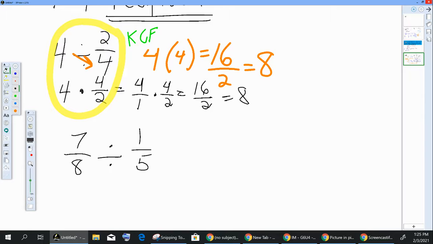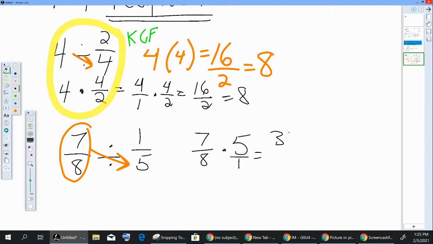And then I could say that's the same thing as 7/8 times 5, because remember that was a pattern, and it always will be a pattern, but now it's like a whole fraction multiplied by the denominator. And 7/8 times 5, I would put 5 over 1 and get the answer of 35/8, which I could simplify to be 4 3/8.